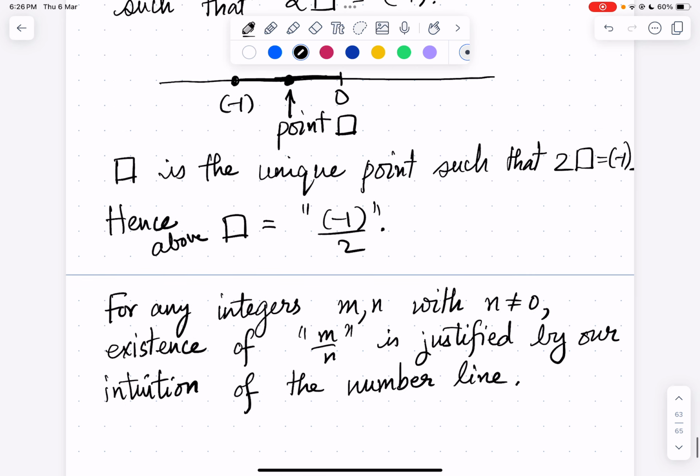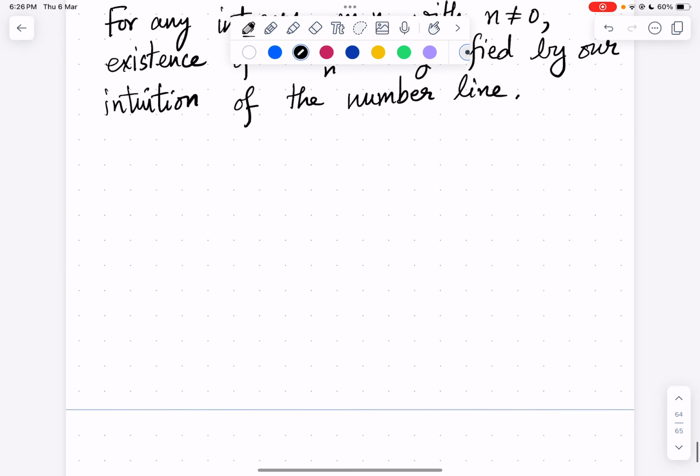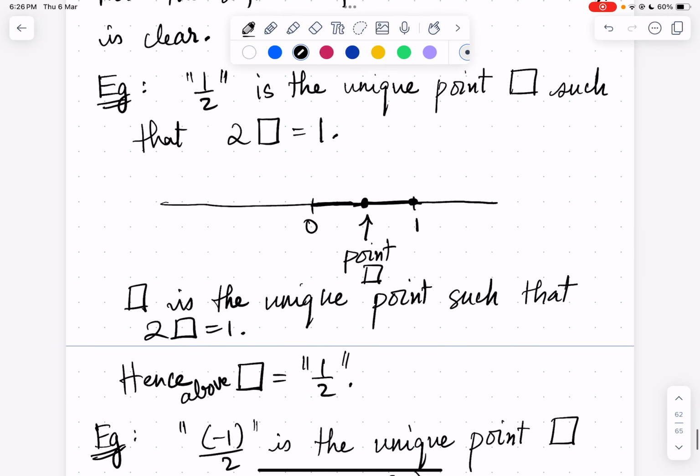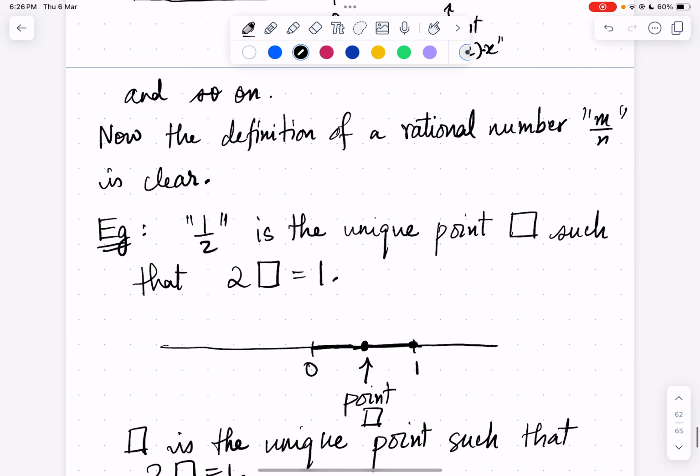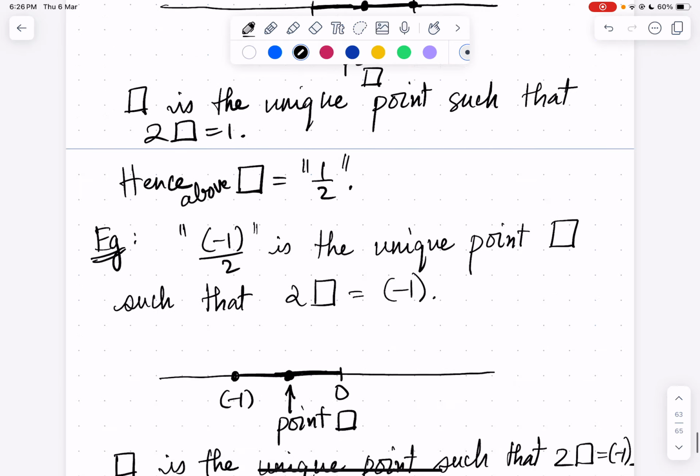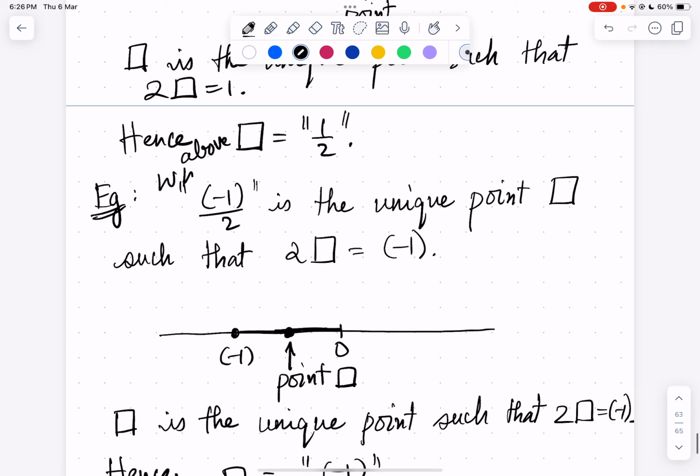So another example where we have a negative number in the denominator. Example: 2 by minus 3. Let me start. What is 1 by 2? So here also, what is minus 1 by 2?